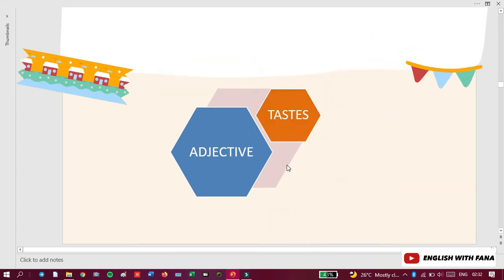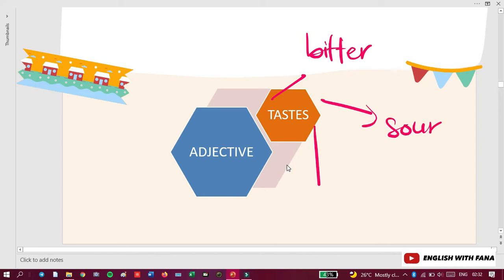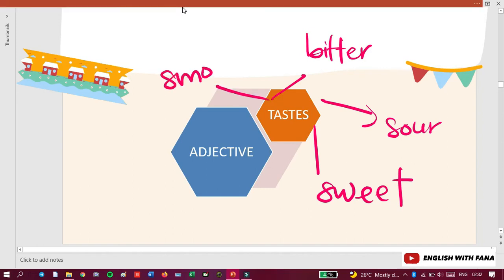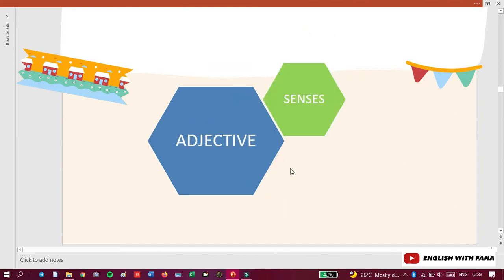Next, taste. Rasa. It can be bitter. Bitter is pahit. Sour. Sweet. Smoked. Smoked salmon. So it is smoked. Acidic. These are some of the adjectives for taste. Next, senses.